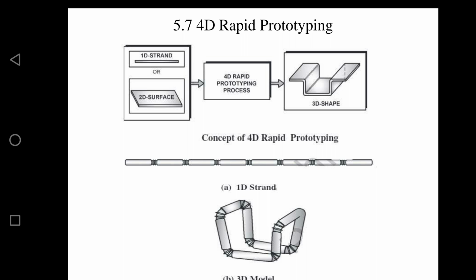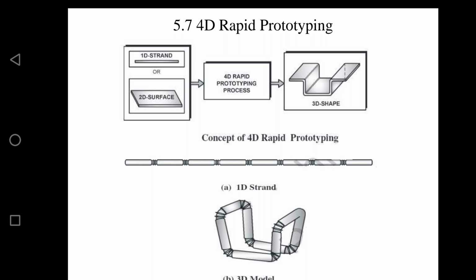When this 1D strand or 2D surface is immersed in water or comes in contact with water, the different water absorbing properties of the different materials in the strand or surface activate the self-assembly process and convert it into whatever 3D shape we need.